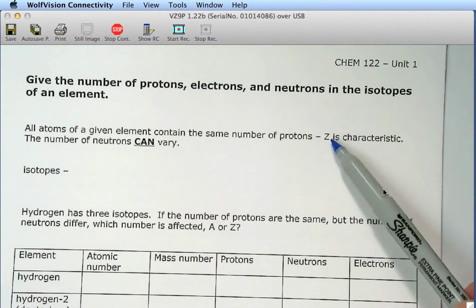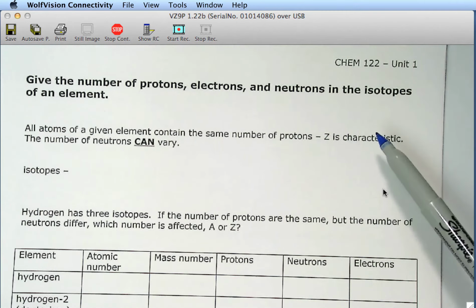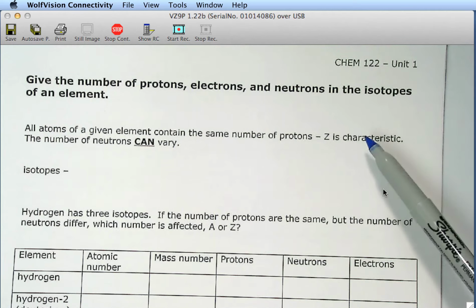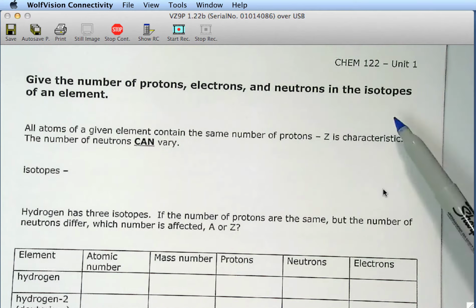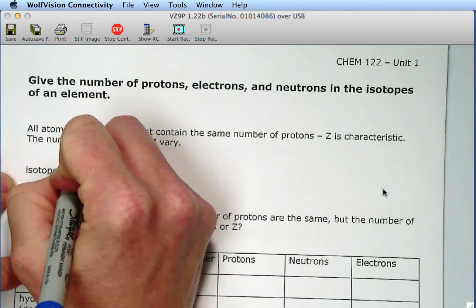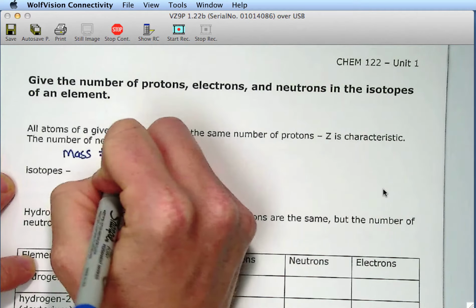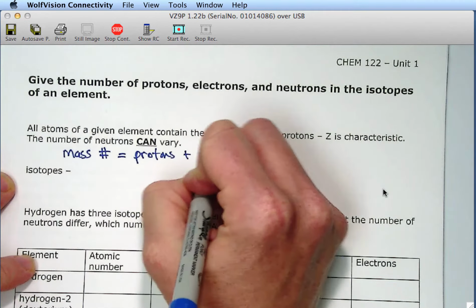The Z is characteristic. However, the number of neutrons can vary. So if the number of neutrons can vary, what else will vary? A, the mass number. Because remember, A is the protons plus the neutrons. So mass number, protons plus neutrons.